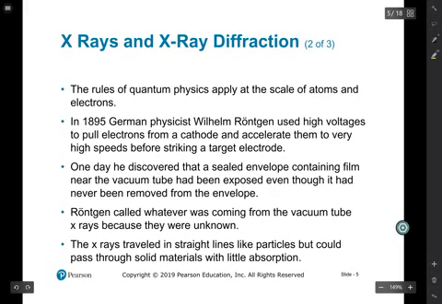So the first one of these that we're going to talk about is this understanding of what X-rays are. X-rays are named just because they're some ray that was not known, X for unknown, right? We've already kind of seen some of this. This is a circuitry sort of question, right? High voltages to make electrons travel very, very quickly.